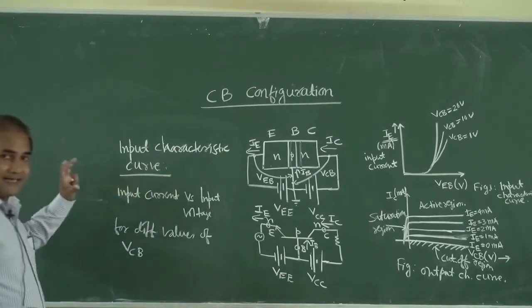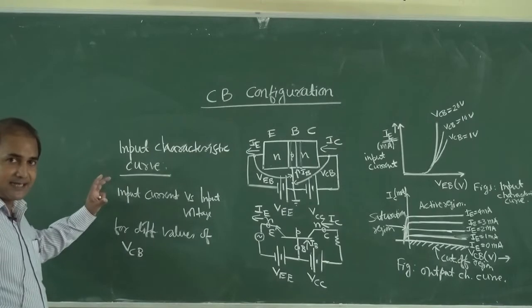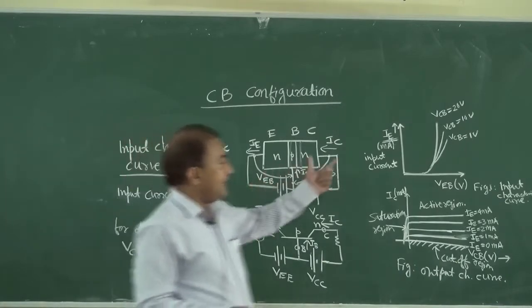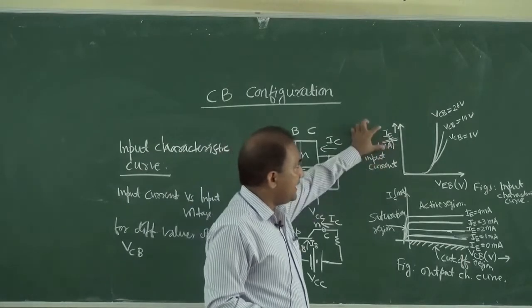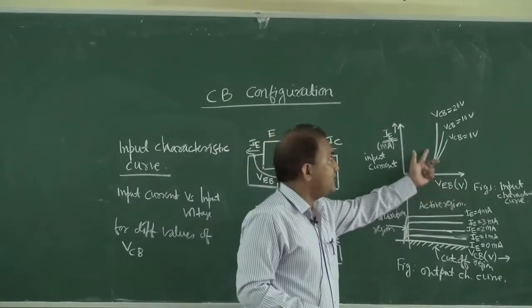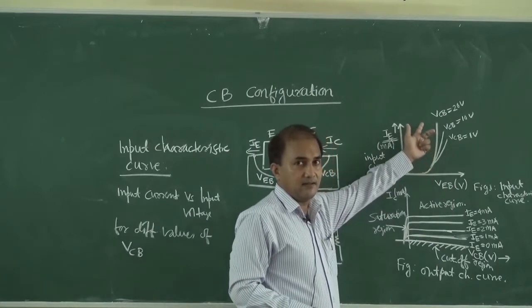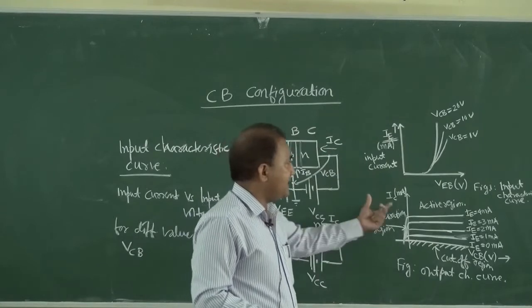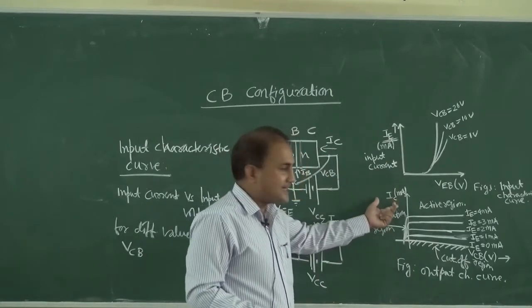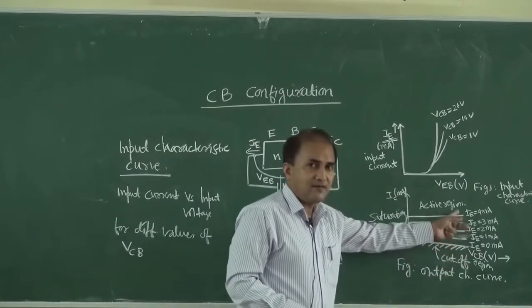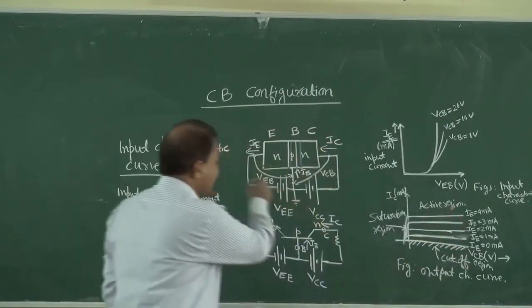There are two types of characteristic curve. The first one is the input characteristic curve and the second one is the output characteristic curve. The input characteristic curve is the graph between input current versus VEB for different values of VCB, and the output characteristic curve is the graph between output current, that is IC, versus VCB for different values of IE, the input current.